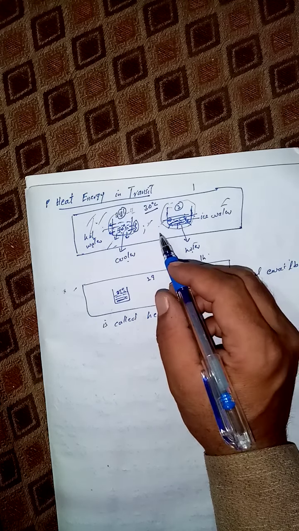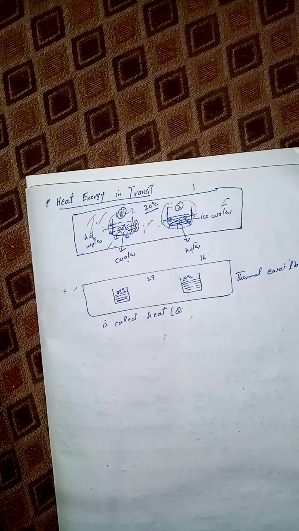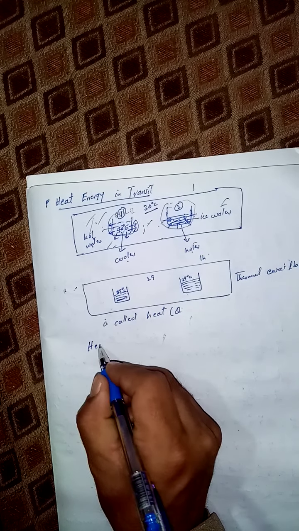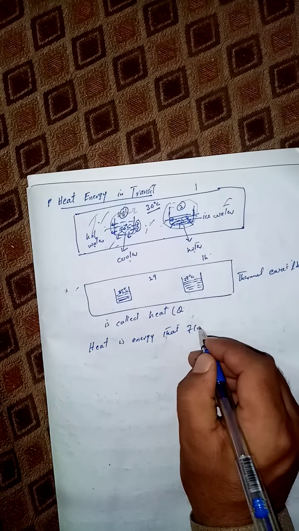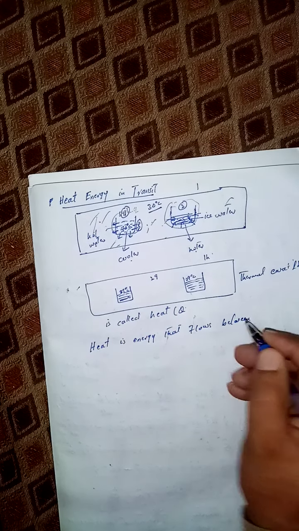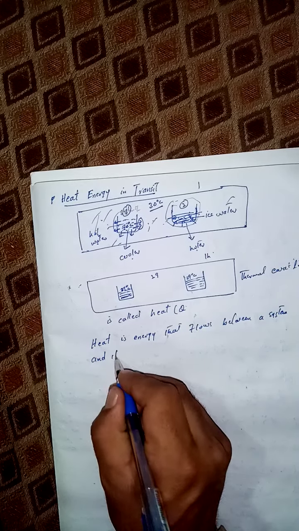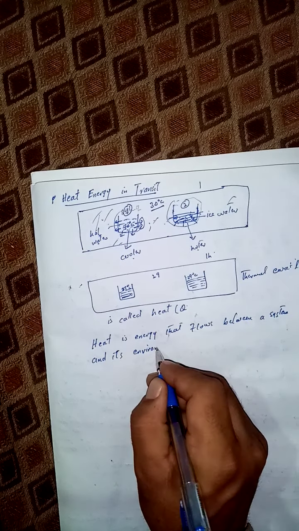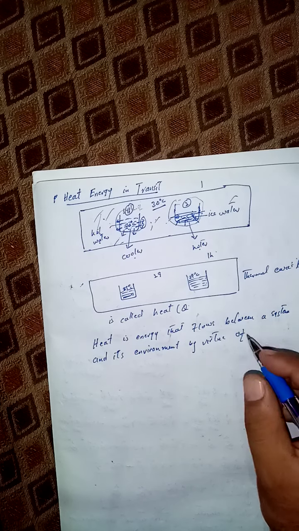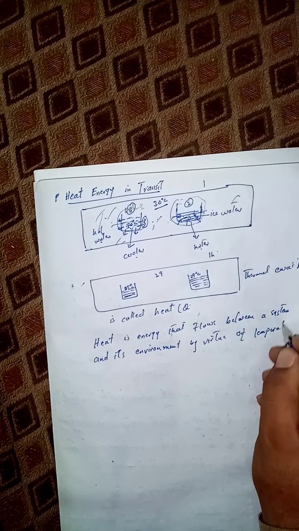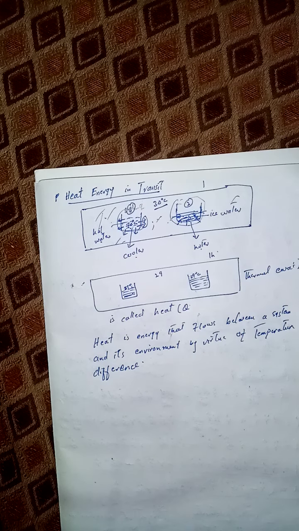We define that thing as heat, represented by capital Q, which is defined as: heat is energy that flows between a system and its environment by virtue of the temperature difference between them.